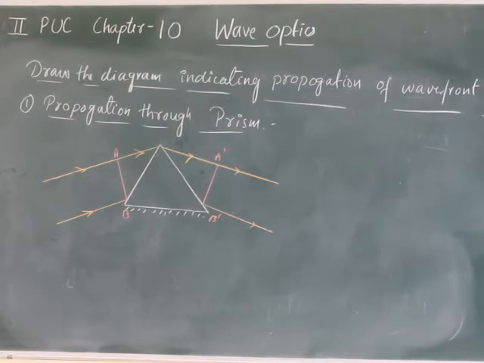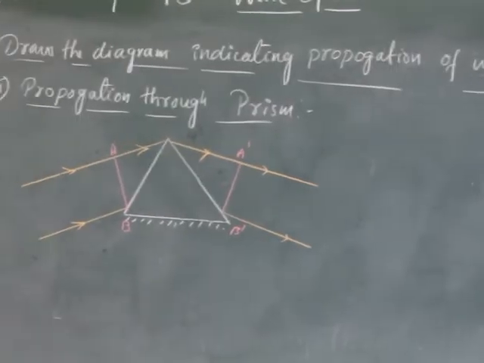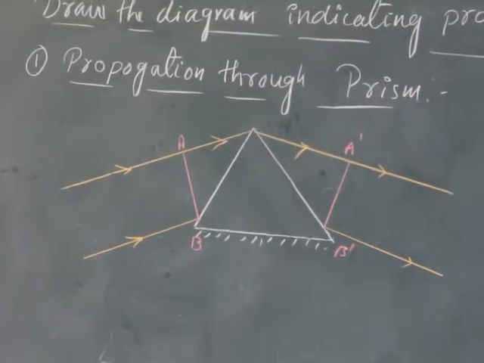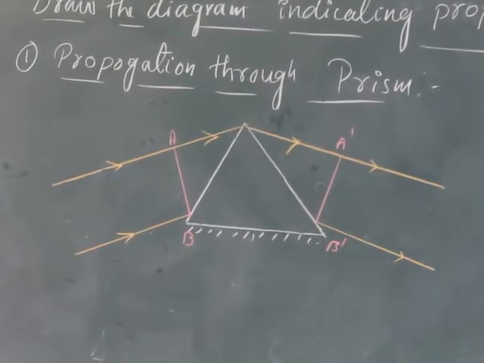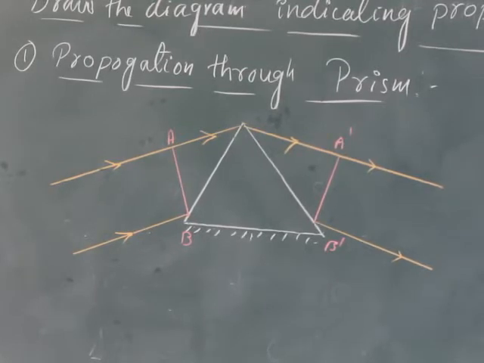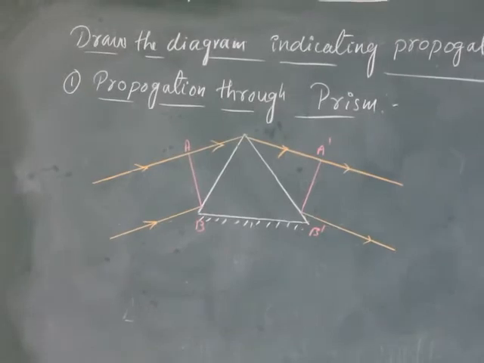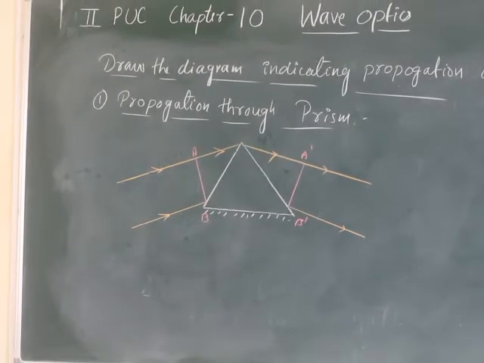Okay, so check the diagram. Hope you can see very clearly. So AB is the primary wavefront, A dash B dash can be considered as the secondary wavefront. Okay?